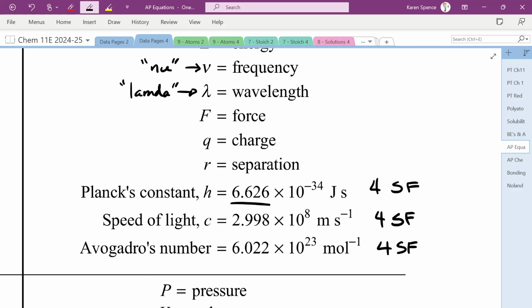Okay, so I trust though that rather than me having to go and do all that work, you guys are okay with just remembering when you go to the AP exam, use the 4 sig fig version. Chances are you probably won't even have to use that number. It doesn't come up that frequently. Might come up in like the electrochem unit or something like that. But anyway, 4 sig figs, 4 sig figs, 4 sig figs.